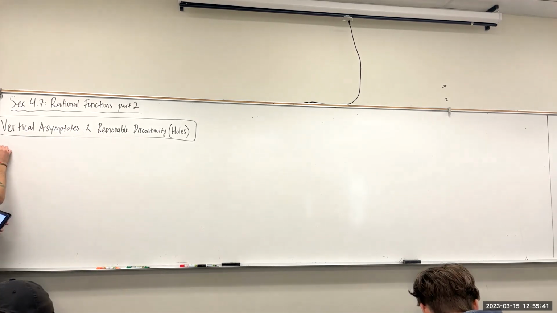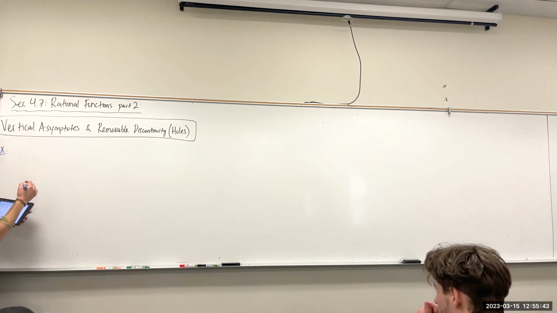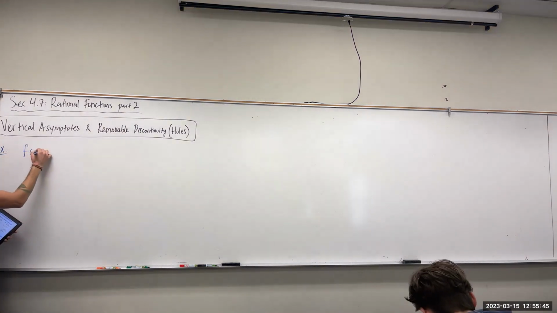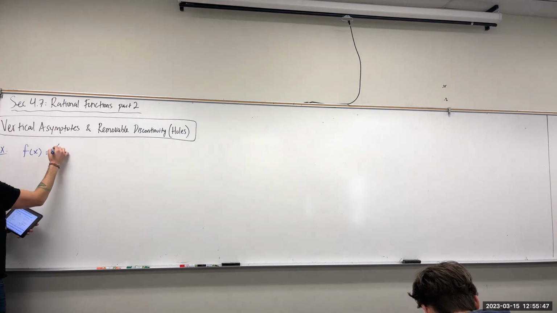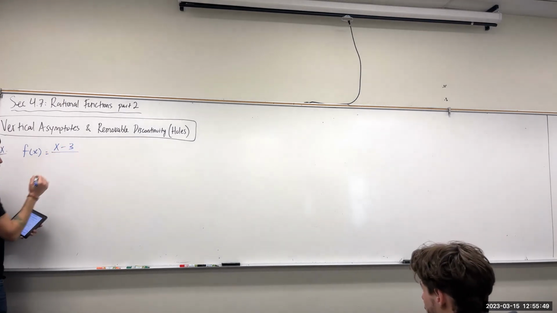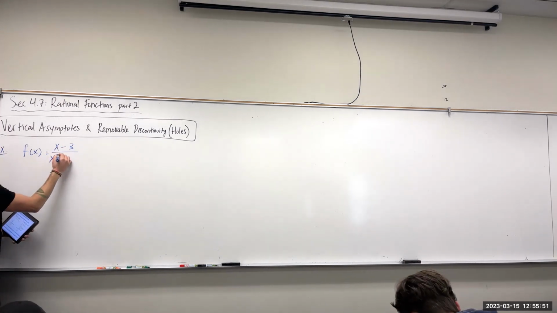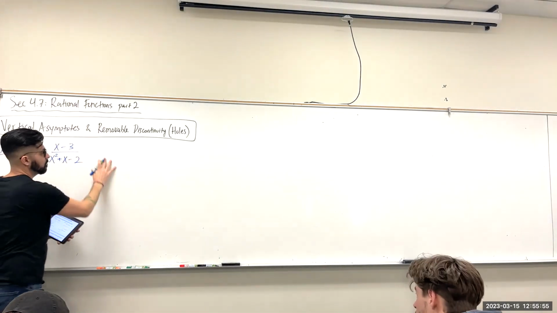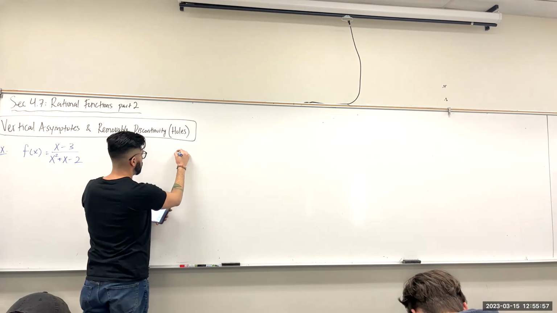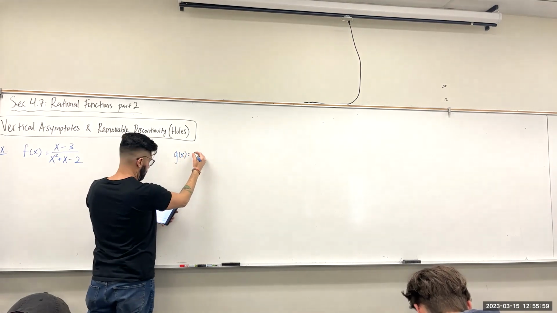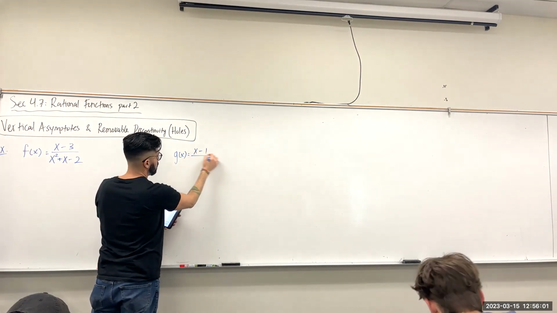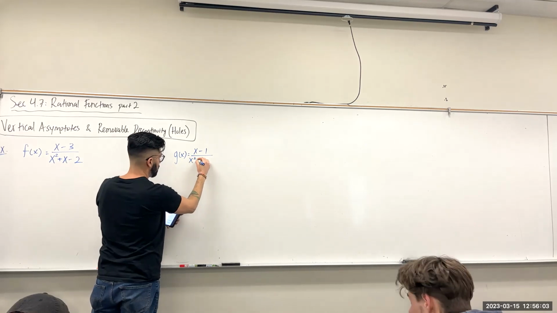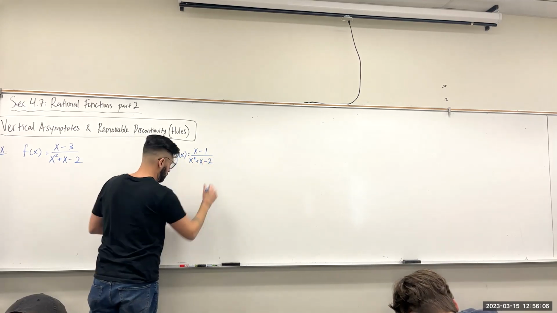So let's play with some examples to kind of observe what's happening. Let's look at this rational function, f of x equals x minus 3 over x squared plus x minus 2. Leave some room here. And then we're going to do g of x, which is x minus 1 over x squared plus x minus 2.